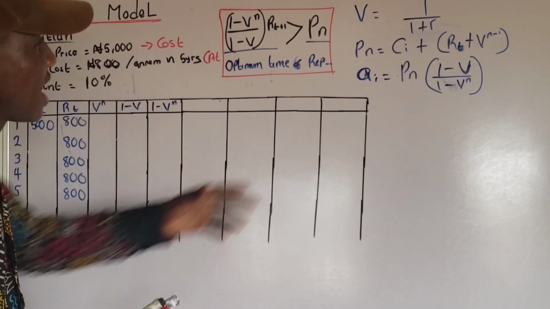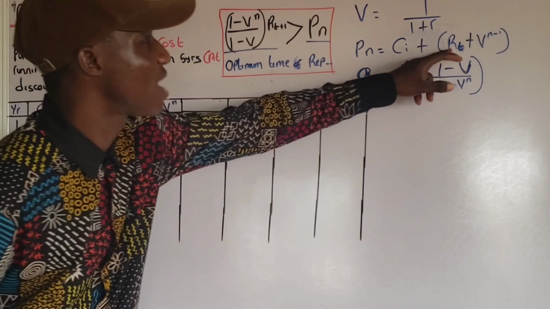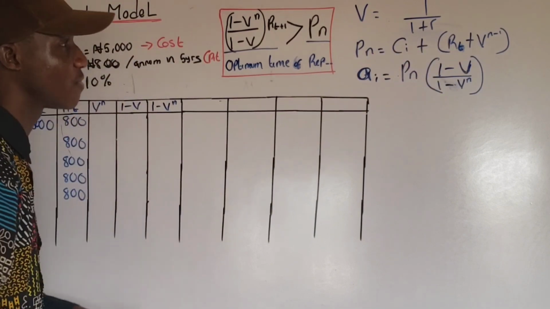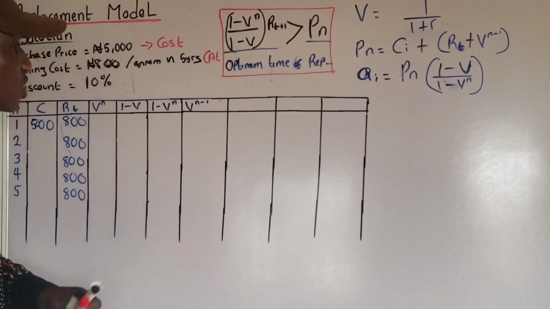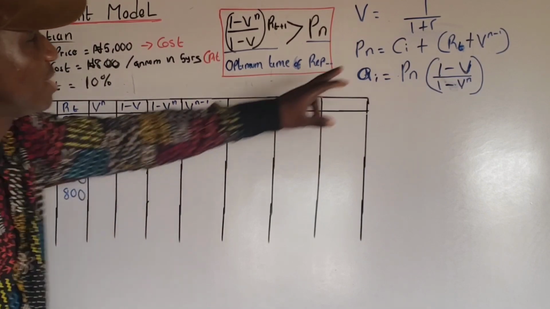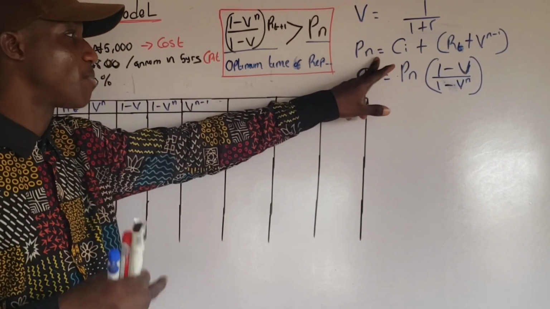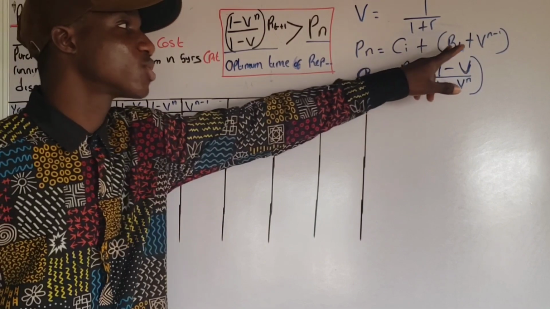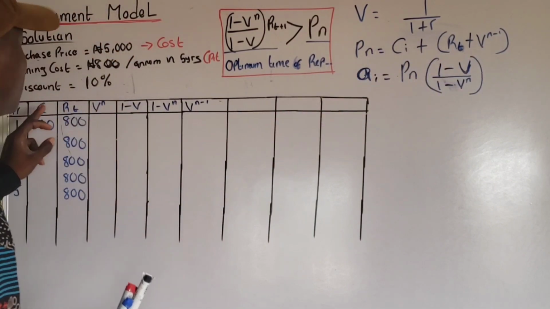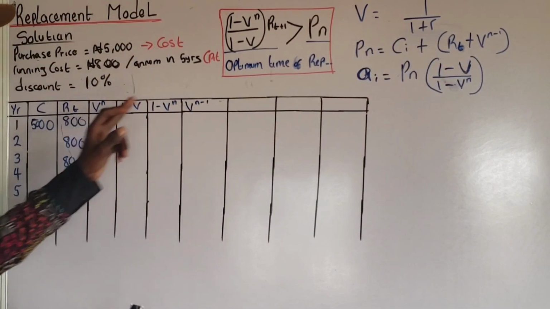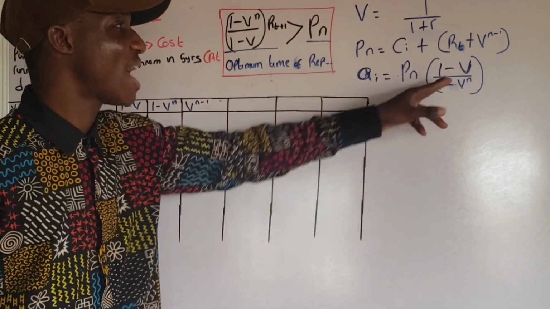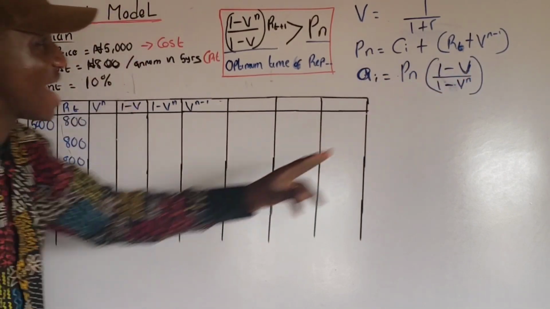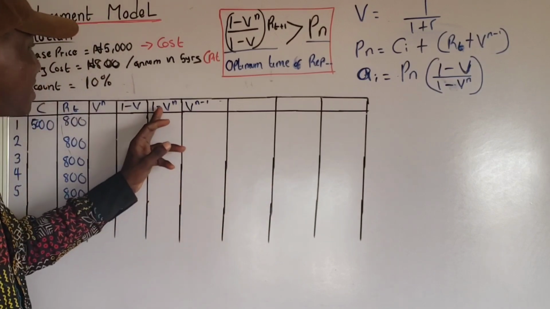So you can see I have c, I have rt, and now I'm going to have v raised to the power of n minus 1. So for the present value of the total cost, I've already completed what I have. I have c, I have rt, I have v raised to the power of n minus 1. You can see. So moving to the annuity, I have 1 minus v, it is here. I have 1 minus v raised to the power of n, it is here as well.